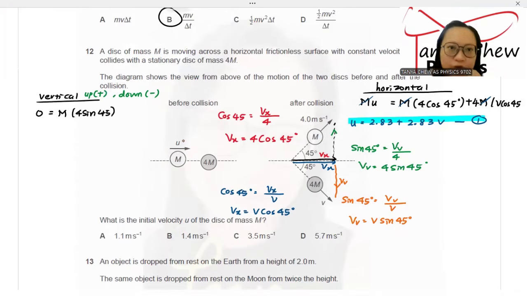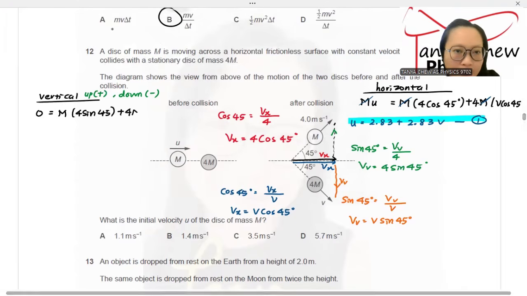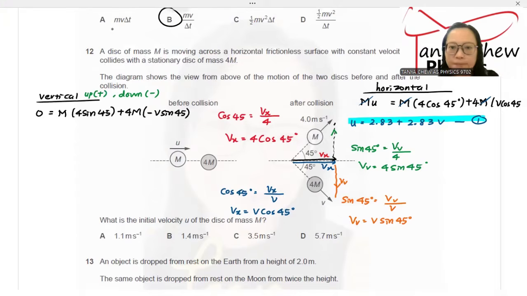But I have to put negative to this one, so plus 4m, but this has to be negative V sine 45. You know why? Because the final velocity in the vertical direction for 4m is moving in the downwards direction, and I consider downward as negative. Right, so I shift the negative sign to the other side. So I have 4m sine 45 is equal to m times 4 sine 45 degrees.